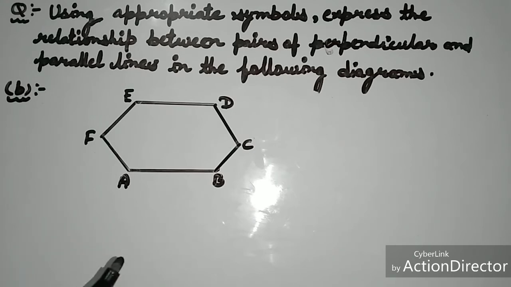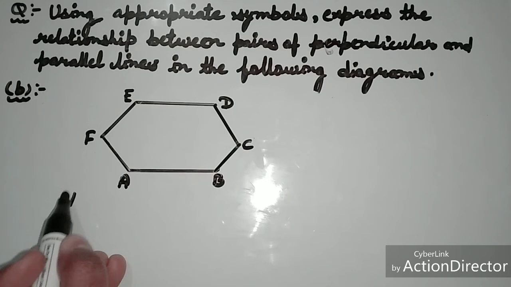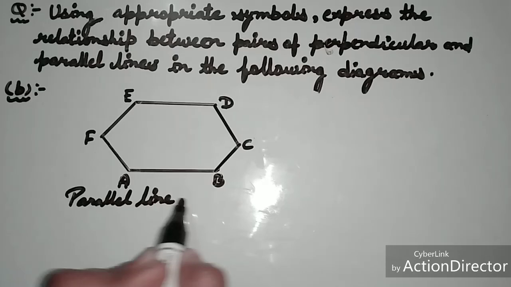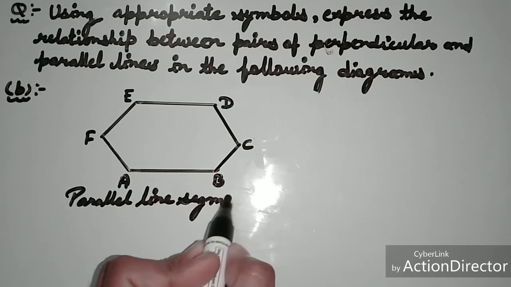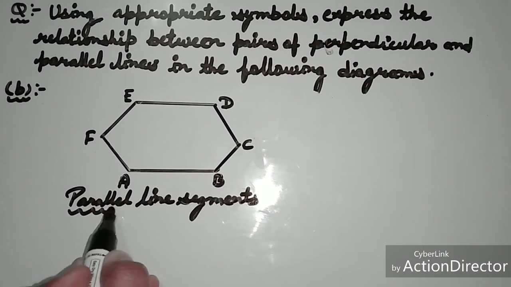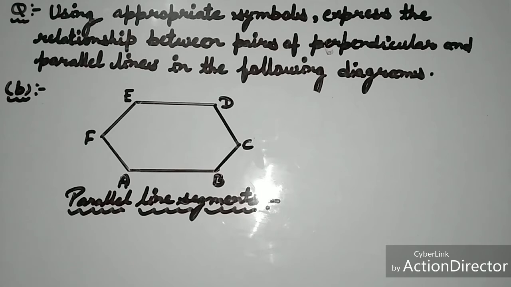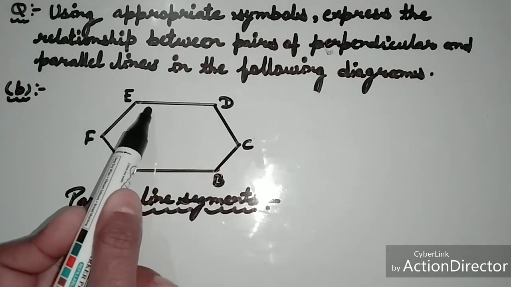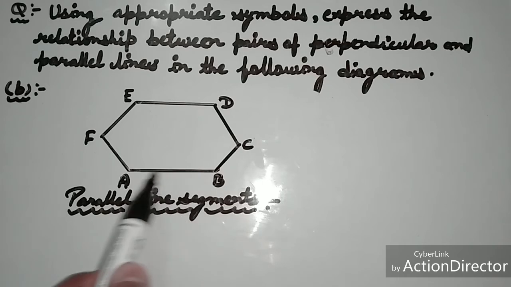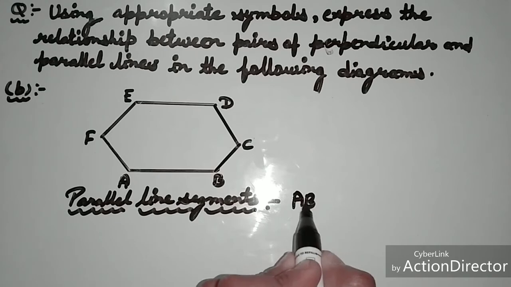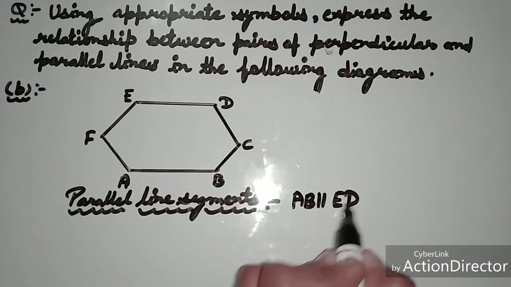Here we find parallel line segments. This figure has parallel line segments: AB is parallel to ED. So we write AB is parallel to ED.